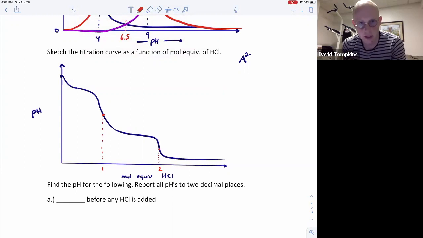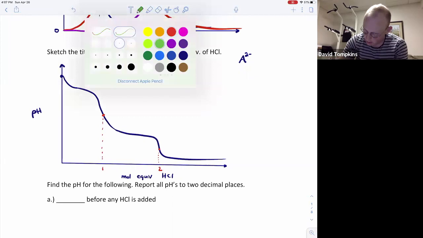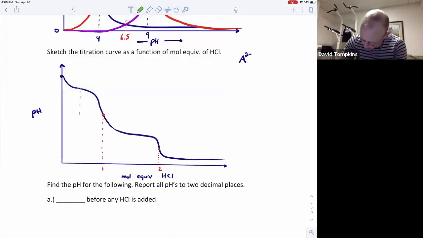At equivalence, the pH is changing most rapidly. The half equivalence points are when the curve is approximately flat, or where the change in pH is almost 0.